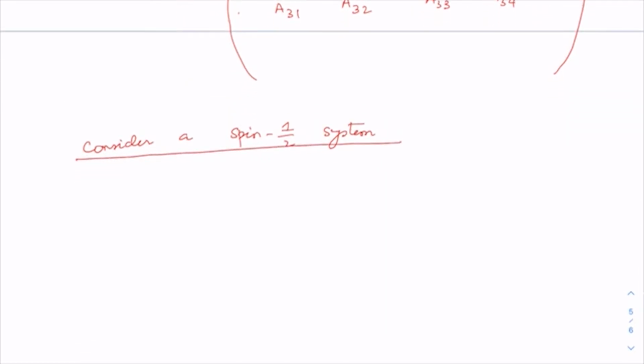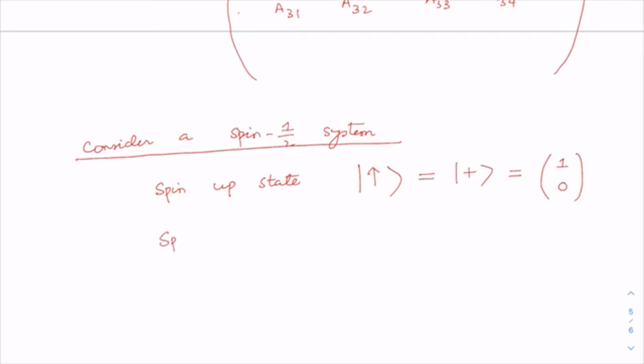One is the spin up state, which is denoted in this ket notation, or sometimes people write it as plus. This sign represents that the spin is in the up state, and because it is a two-state system, this can be represented by the column vector 1 0.